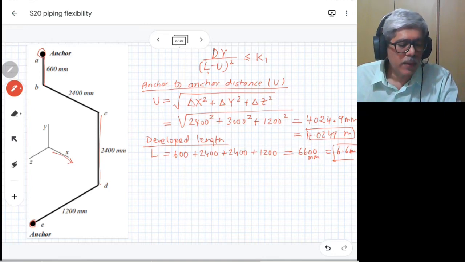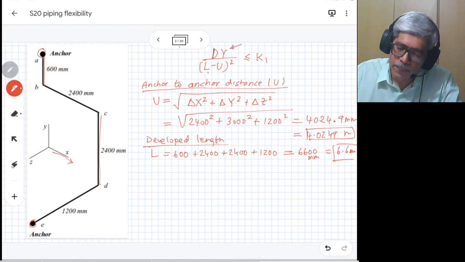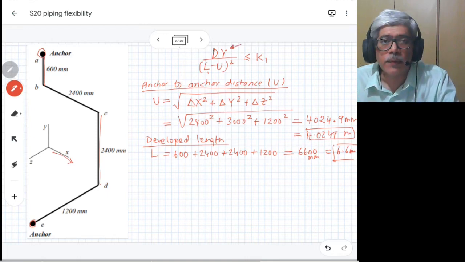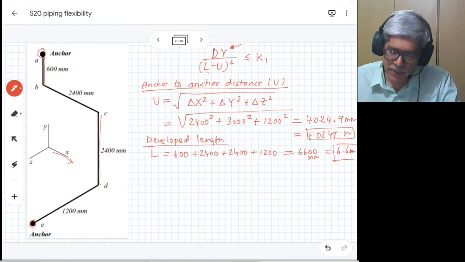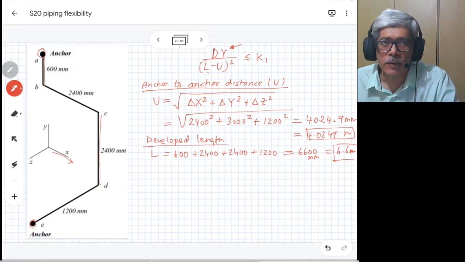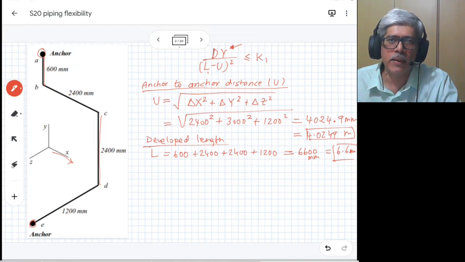Next, we have to calculate the value of y, that is the vectorial thermal expansion between the points A and E. So in this particular case, both A and E are fixed. They cannot displace. So whatever piping expansion the piping tries to expand, it will be restricted by these anchor points.